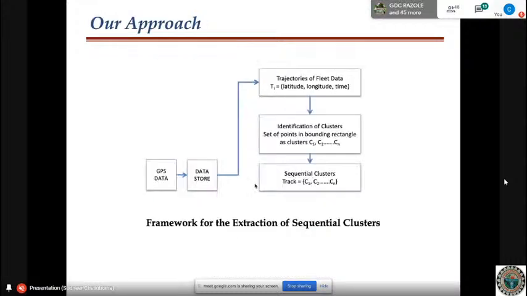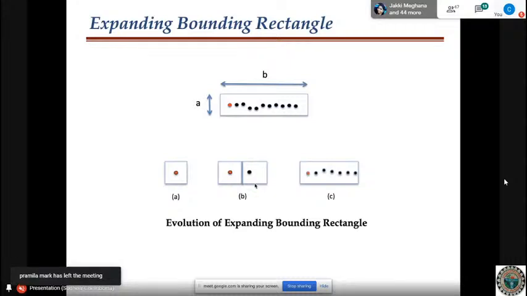In the same way, I am also proposing something on the same lines, but in a different and more efficient way. I say efficient because I got results which are good compared to the previous approach. What is my approach? What is a bounding rectangle? Suppose this is A, one GPS point.